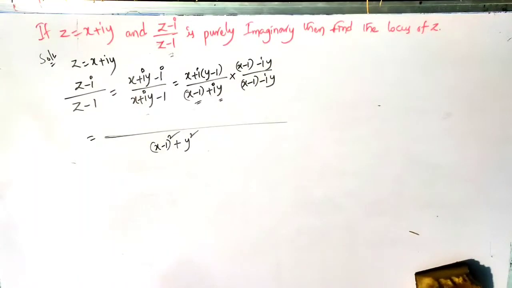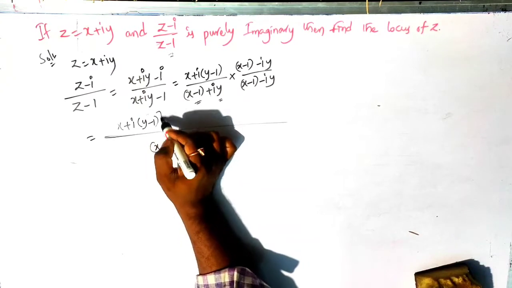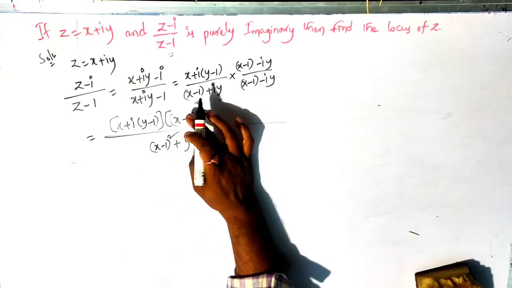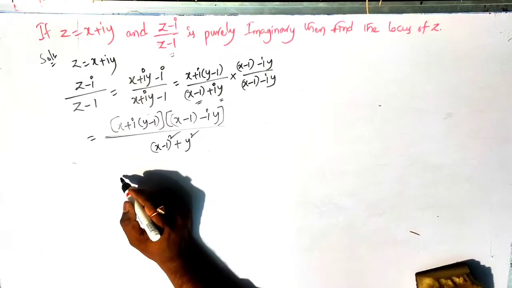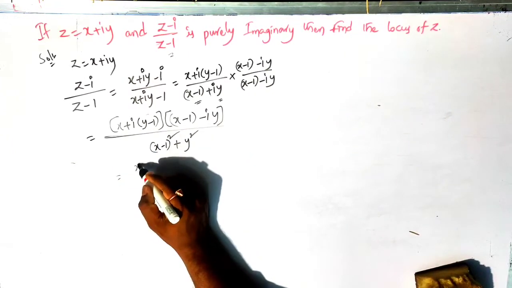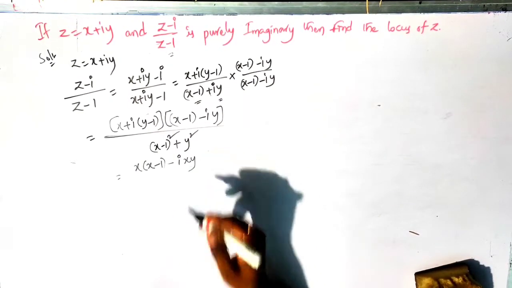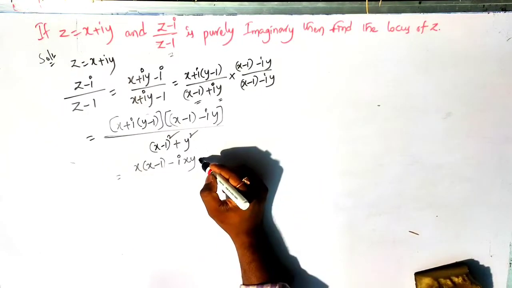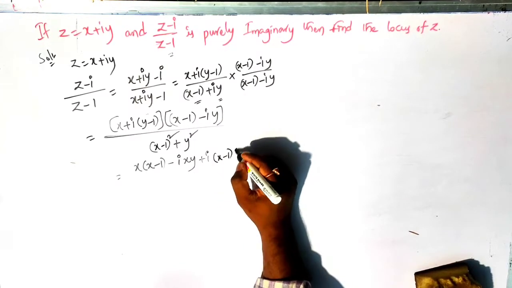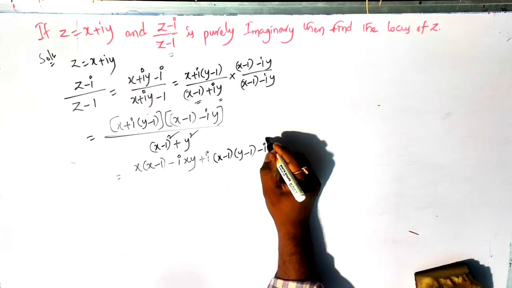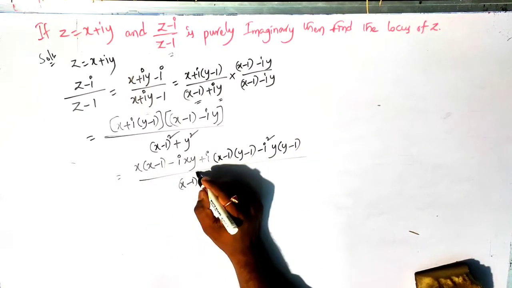Now multiplying the numerator, x plus i of y minus 1, by x minus 1 minus iy. x into x minus 1, minus i into xy, plus i into x minus 1 into y minus 1, minus i square y into y minus 1, divided by x minus 1 whole square plus y square.